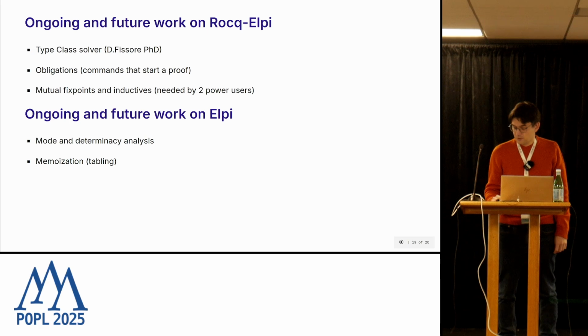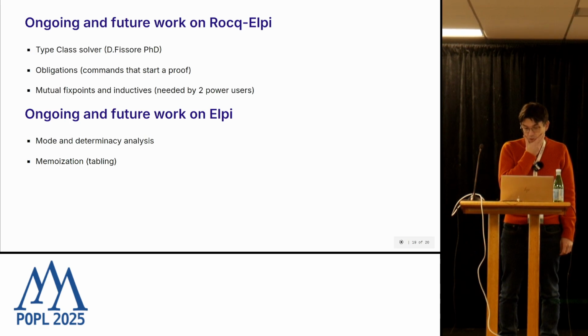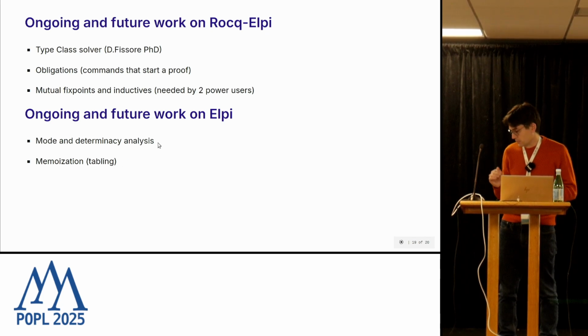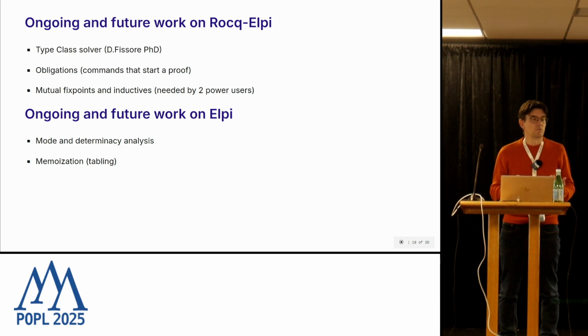And for the future, what I'm working on with the students is a type class solver written in this language. A bit like the compiler I wrote, but more sophisticated. And it goes hand in hand with something that we are going to do at the programming language level, a static analysis for determinacy, which in Haskell slang would mean overlapping instances.